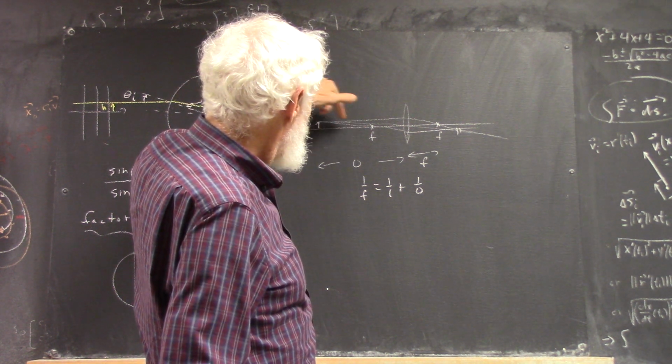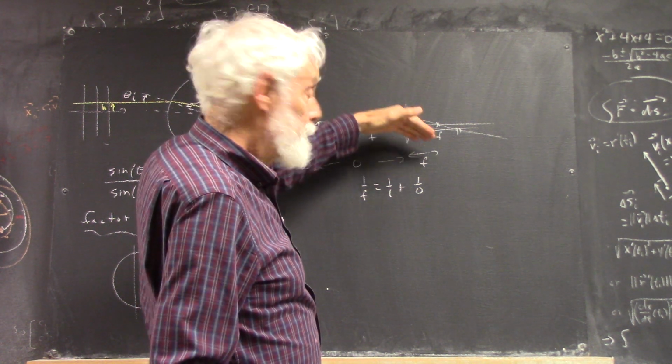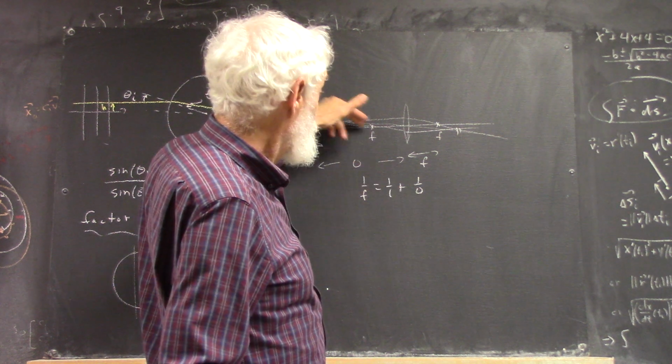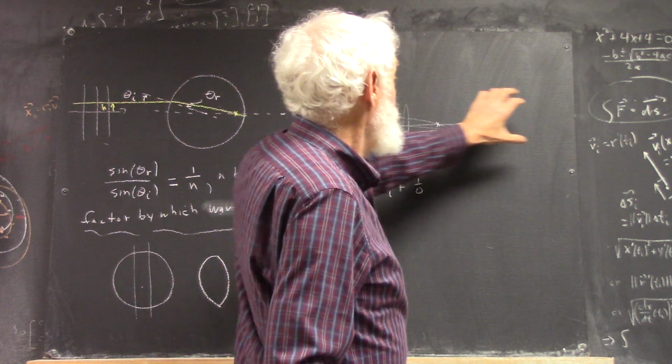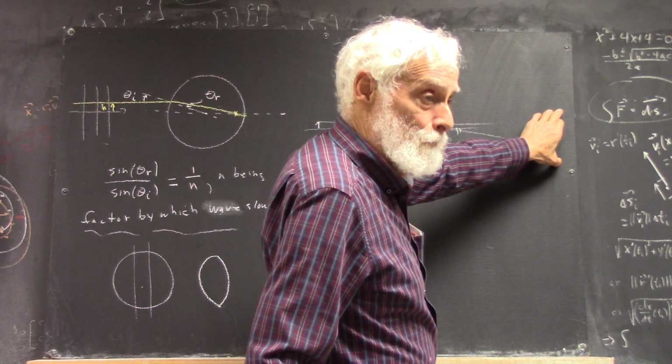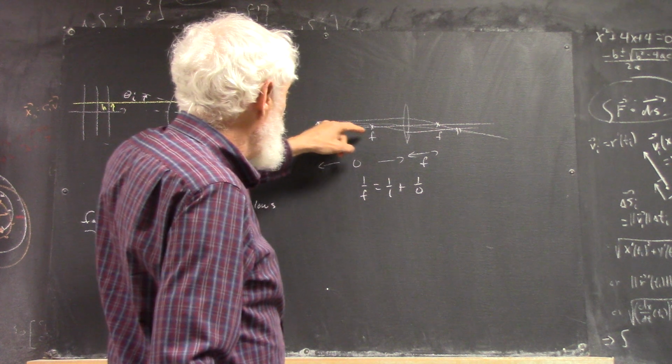Well, this ray here, the one that goes through the center, is going to get steeper, right? And so is the one through the focus, which means you're going to get a bigger image further away. Okay?